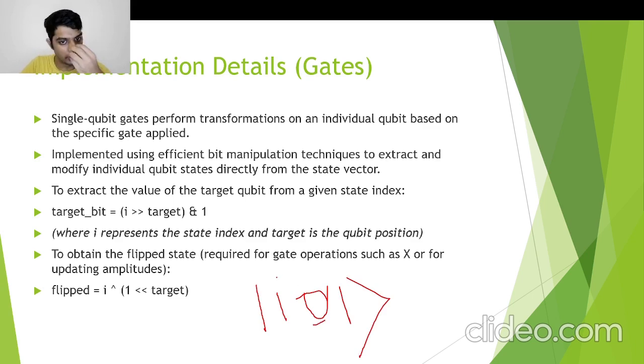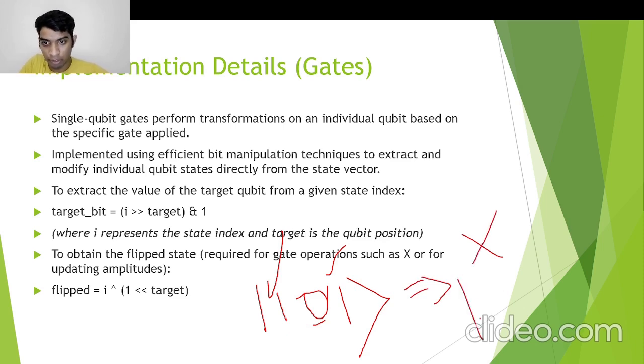Since it's a big endian notation, this is the MSB and this is the LSB. According to the manipulations done by the single qubit gate chosen, it is converted to its appropriate output, such as if we implement an X gate, then the output will be 1, 1, 1.